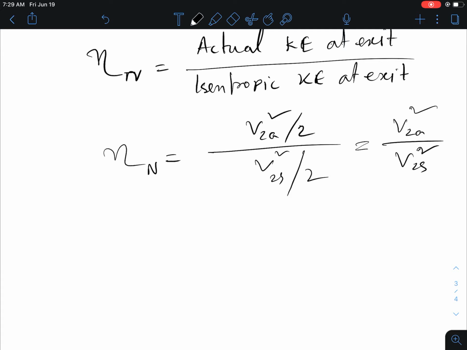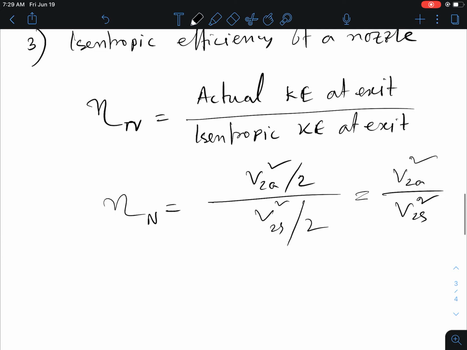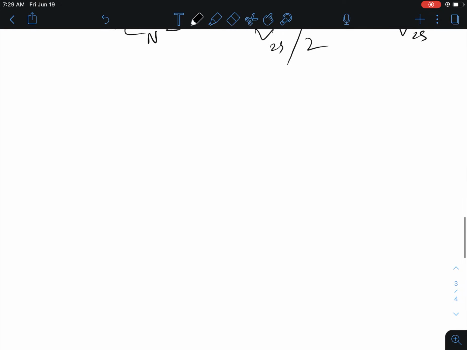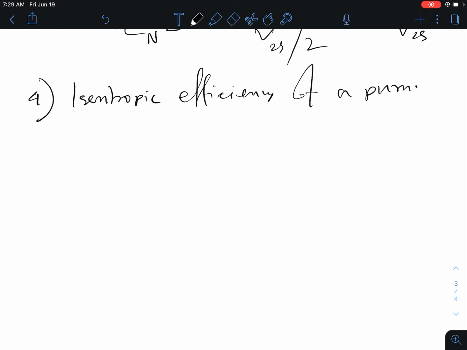We can write one more expression for a pump, because we'll do some problems based on the pump as well. So number 4 is the isentropic efficiency of a pump.